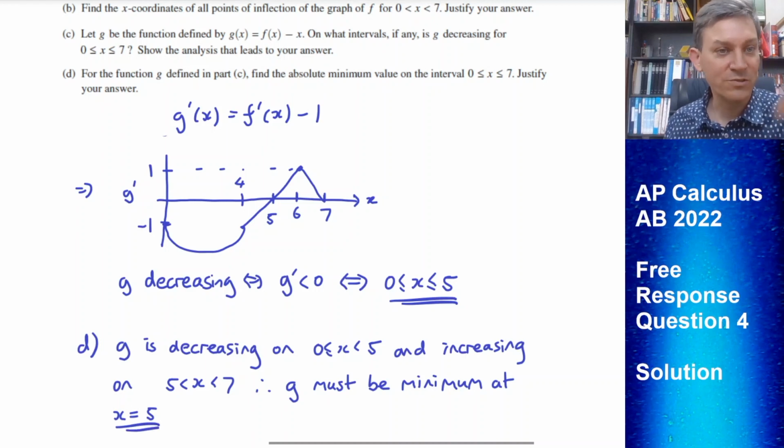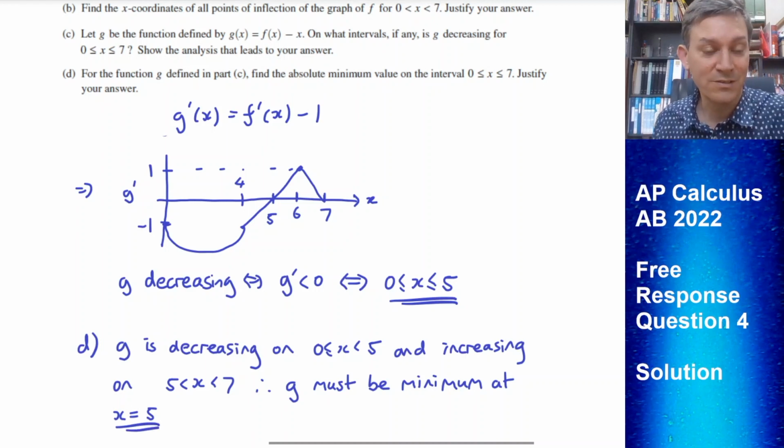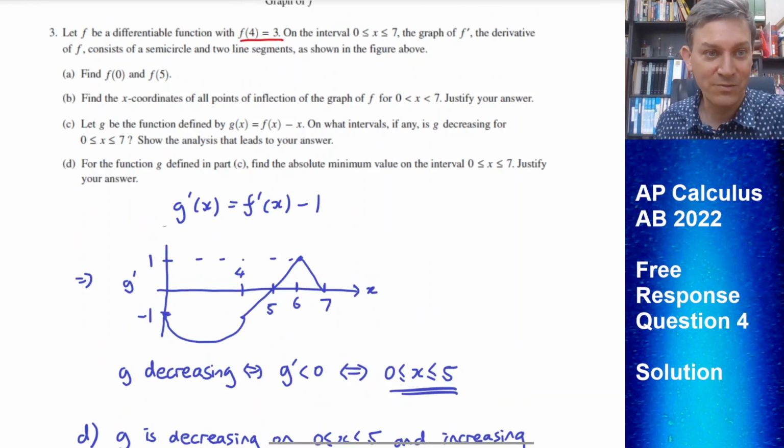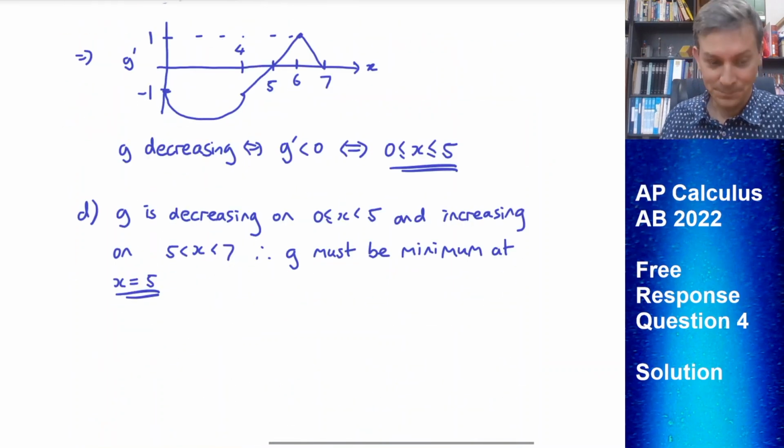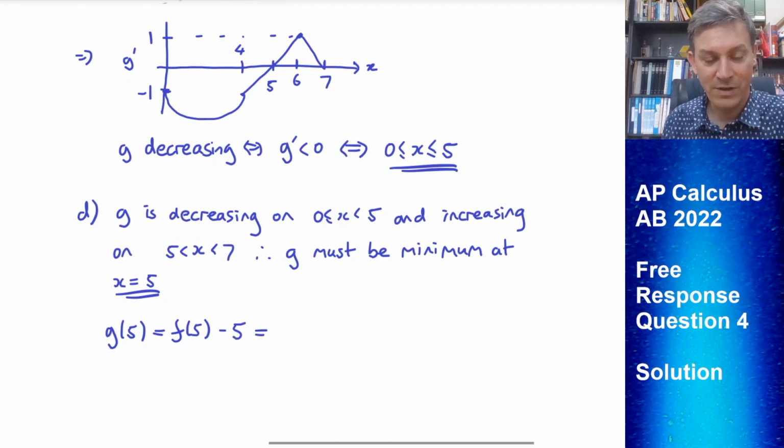Okay, and it wants you to find the minimum value of the function. So in other words, what's the value of g at 5? Well, luckily we've worked out the value of f at 5 already. It was 7 over 2, and g is just that minus x. So g of 5 is equal to f of 5 minus 5. f of 5 is 7 over 2, so that's 7 over 2 minus 10 over 2.